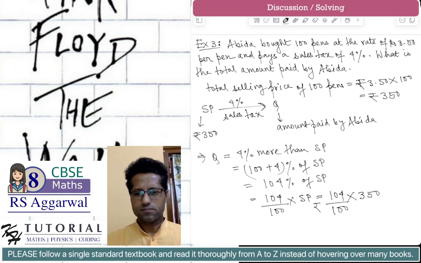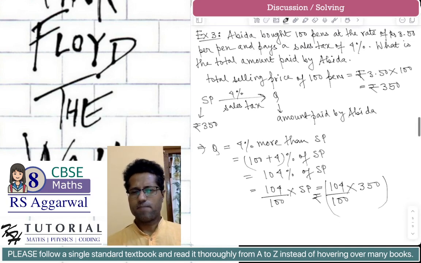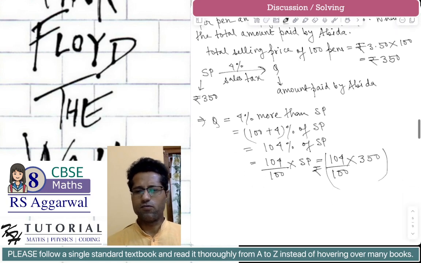So this is the amount that needs to be paid by Abida after paying the sales tax of 4%.